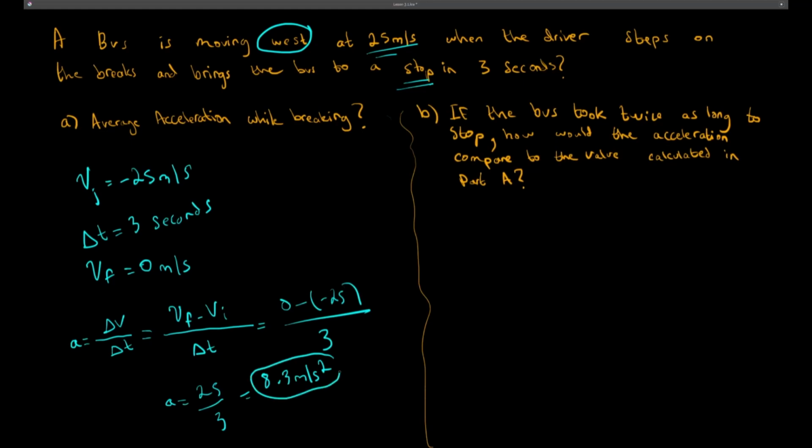Now, you may be wondering, why is it positive if it was braking, right? Well, if you remember earlier, it was mentioned that in the velocity time graph, we have two different things. We have when it's slowing down in the negative direction and slowing down in the positive direction.